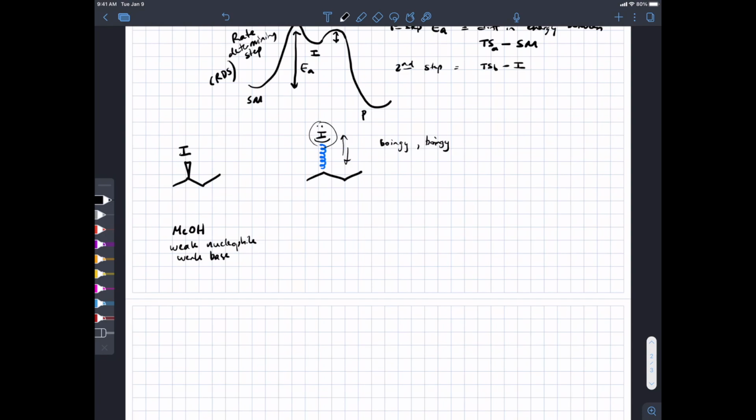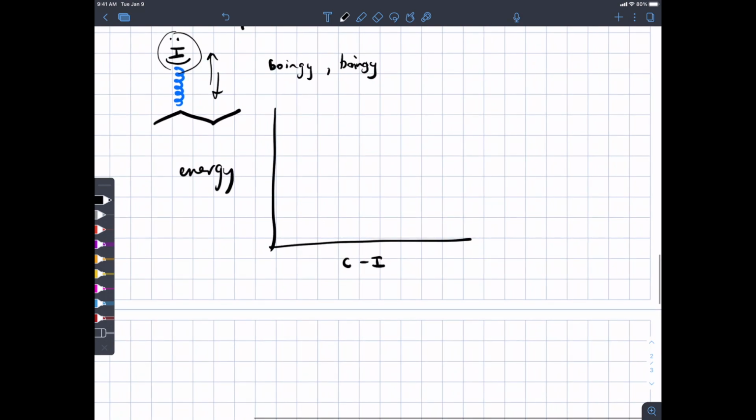If you were to plot this with carbon-iodide distance here and energy here, maybe you've seen something like this in your general chemistry classes. There's some equilibrium distance where you get a minimum in energy, and if you get too close, you start to get electrostatic repulsion. But if you get too far away, you lose the energy of bonding, and you go back up to the non-bonded energy level that's just here. And that goes on and on out to infinite distance.